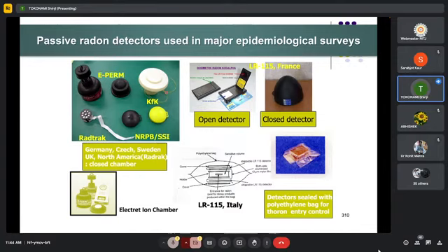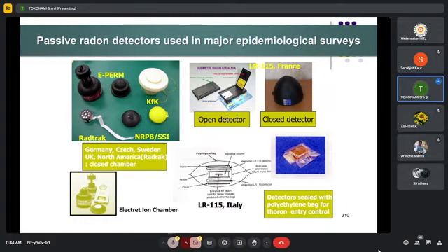The German detector, Karlsruhe detector, was used in the first survey in Japan. This is a European detector, a very popular radon detector in Europe. This Radotrack was used in the radon epidemiological study in China.